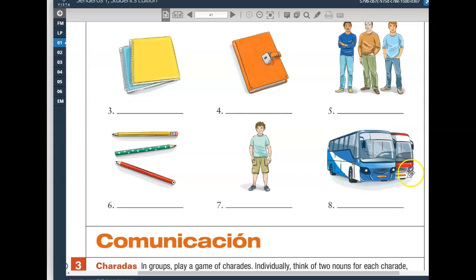And then since there are 2 buses here, autobuses.